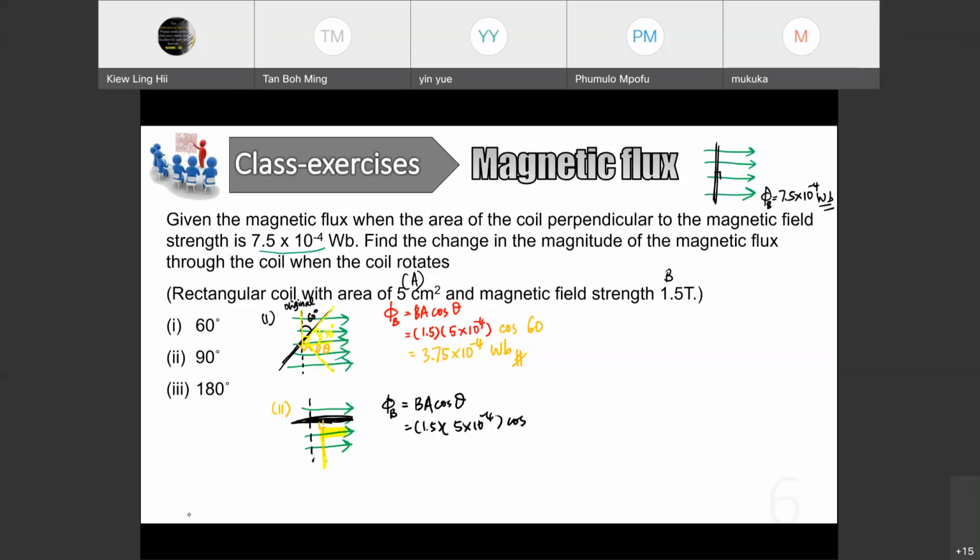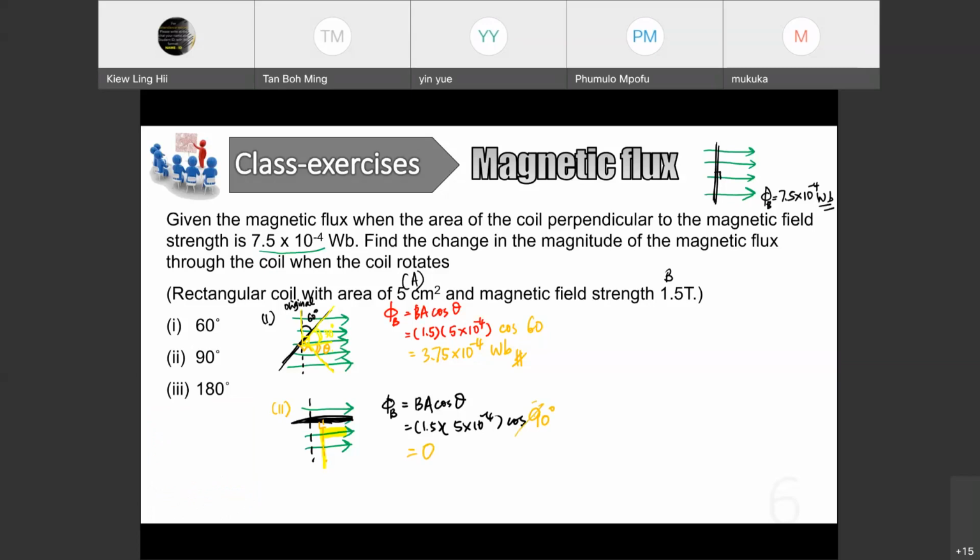It is just at 90 degrees. So cos 90 equals 0. So at the end, you won't get any magnetic flux.